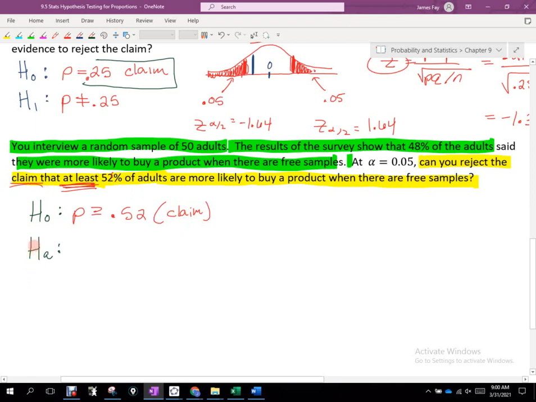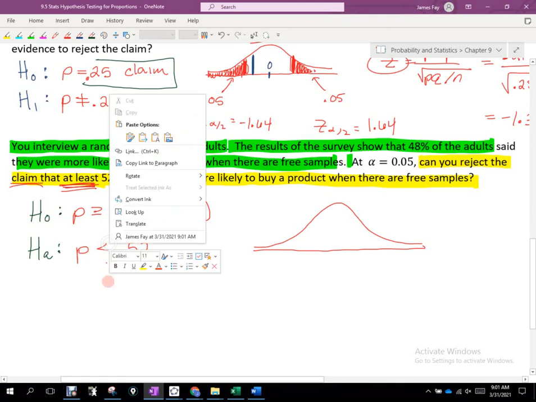That says it right there. So then the alternative hypothesis, what would be the complement of this? Less than 0.52, right? If we draw our Z distribution, what kind of tail is this? A left tail, okay?